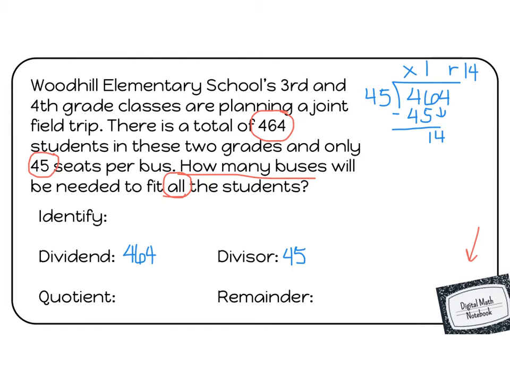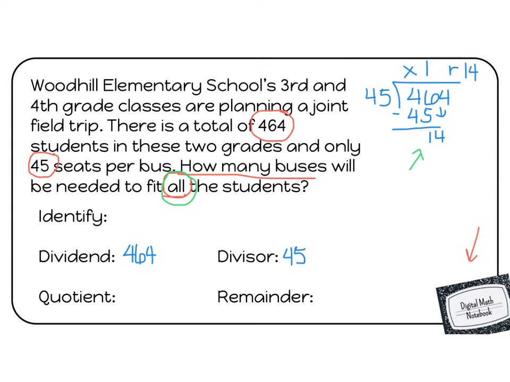But this is where we have to use our thinking about our remainders to decide what's going to happen. If I don't have enough seats on the bus for these 14 kids, is it fair that they can't go on the field trip? No. So this is where it comes in. How many buses do we need in all?